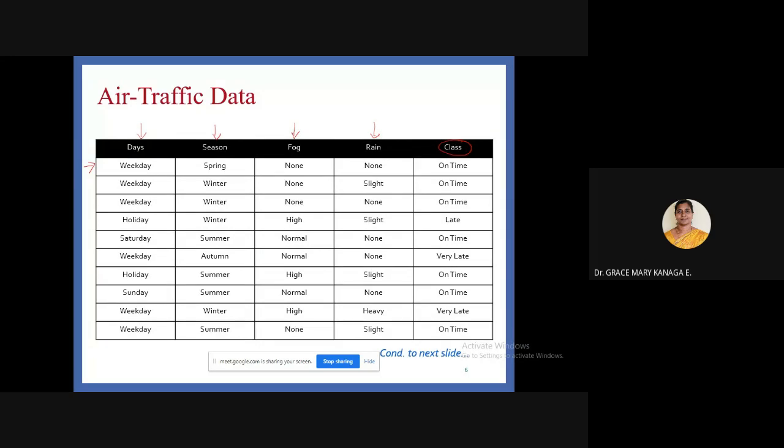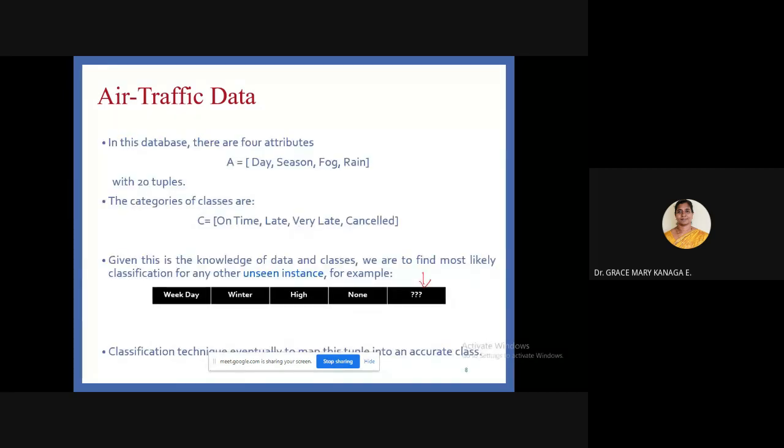Here also we have some data, but here it is none, slight. So the same combination is not there. A new unseen instance is given, and in that case you have to predict. The classification technique eventually maps this tuple into an accurate class.